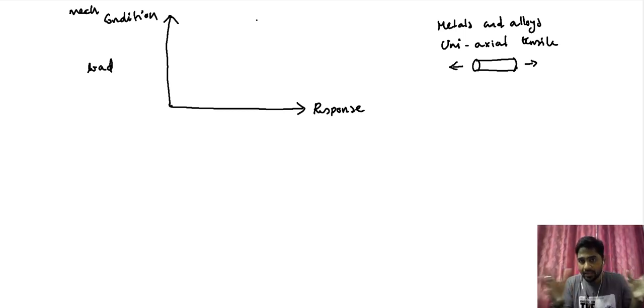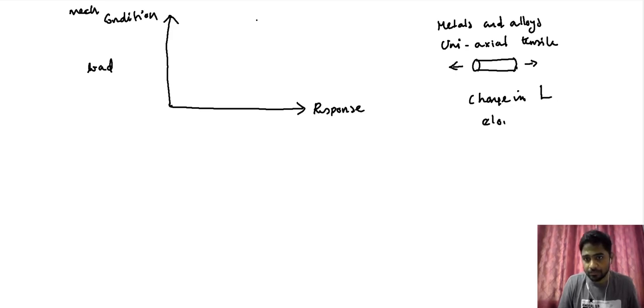And this load for our consideration is a uniaxial tensile loading, and for this we expect an elongation, the change in the longitudinal dimension of the sample. This change in the longitudinal dimension is quantified as the length at a specific instance relative to the original length. So L is the length at a specific instance and the original length is L naught.